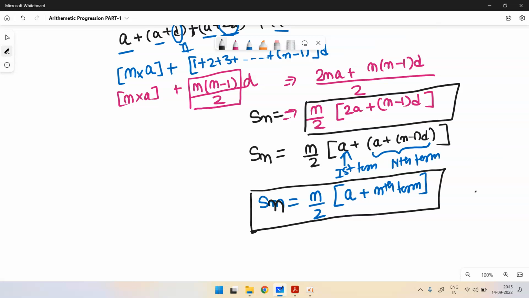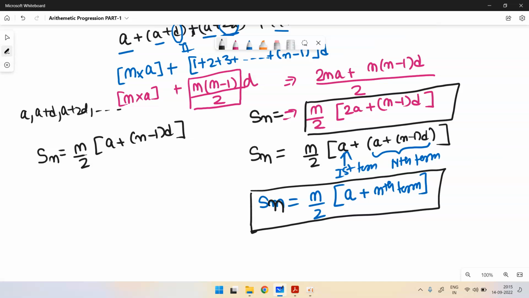Now there is one more good property of the nth term. You write the formula as n by 2 into (a plus (n minus 1) into d). This is the sum of n terms, where the series is a, then a plus d, a plus 2d. The last term is a plus (n minus 1) times d. For this series I am writing. Now suppose I need to calculate only till this much, the n minus 1th term, not this.